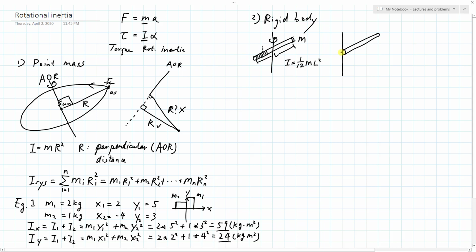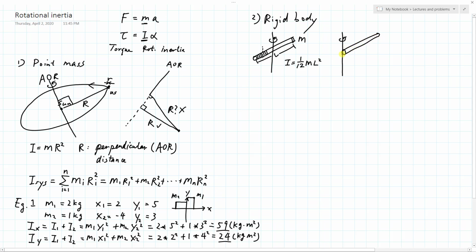Okay, so here is another rigid body. This is no longer a pencil. Just imagine you have a baseball bat. You're swinging the bat, so you're holding almost the end of the bat. And although a real bat is not very uniform, this is a uniform rod.